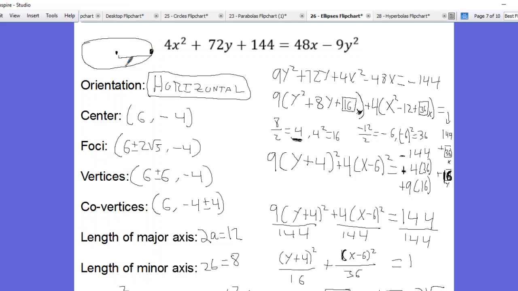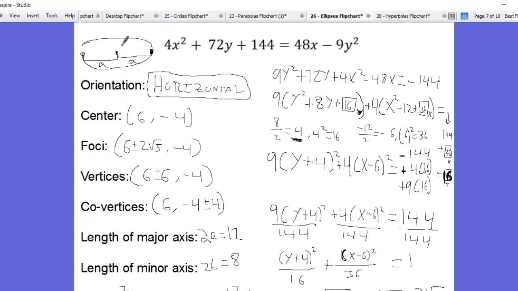So that's H plus A, comma K. And the other vertex, that length is also A, H minus A, comma K. That's why my vertices are H plus A, comma K, and H minus A, comma K. Here, 6 plus A, comma negative 4, and 6 minus A, comma negative 4.